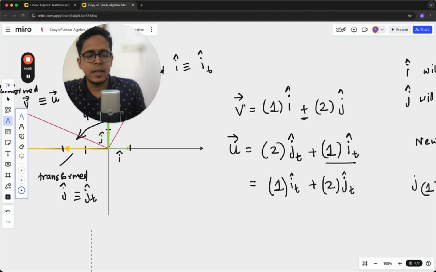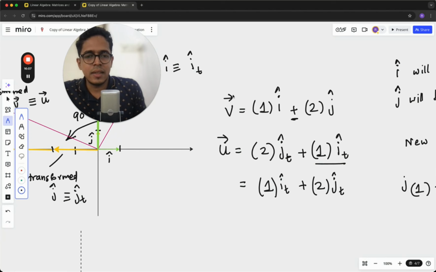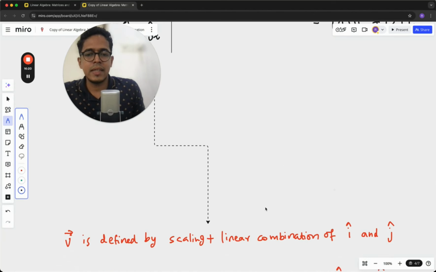Now, what do you see? You can see that the original vector v was 1 times i plus 2 times j. The transformed vector v, which we call u, is again 1 times the transformation of i plus 2 times the transformation of j. So that is what I have written here.